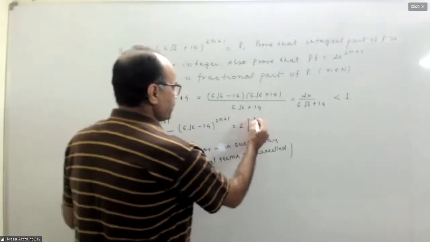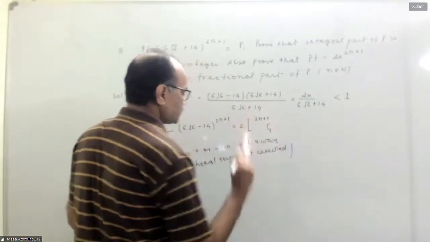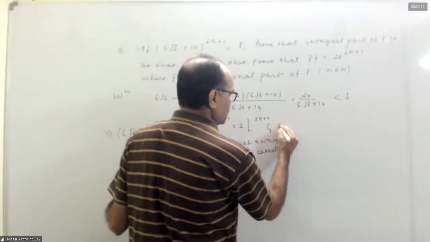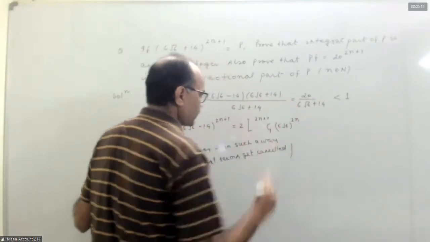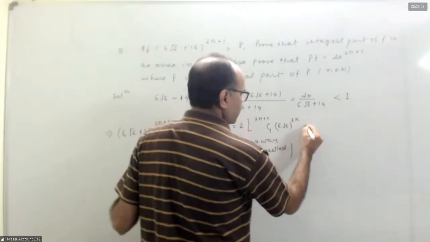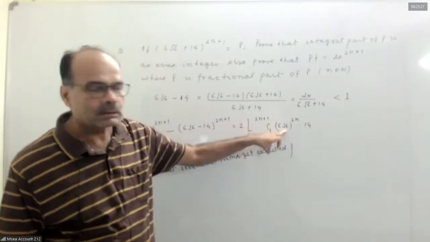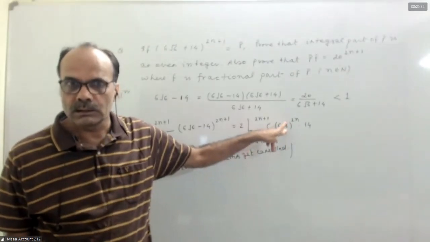What will be the second term? 2n plus 1 C1 times 6 root 6 to the power 2n into 14. Now this to the power even integer will be an integer.